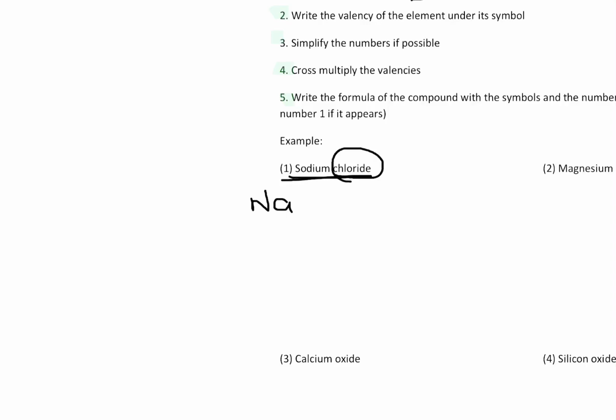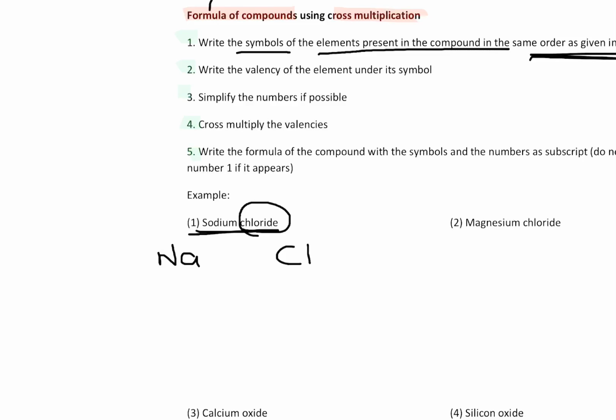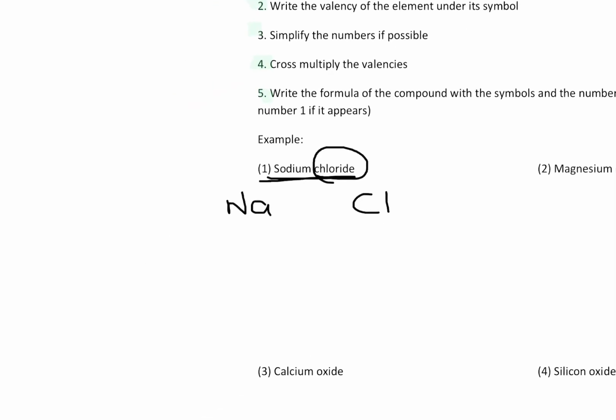Chloride actually comes from the element chlorine, so it's Cl. And then from the periodic table, I will look up its valency. Sodium is in group 1, therefore has valency 1. Chlorine is in group 7, so valency would be 8 minus 7, which would be equal to 1.